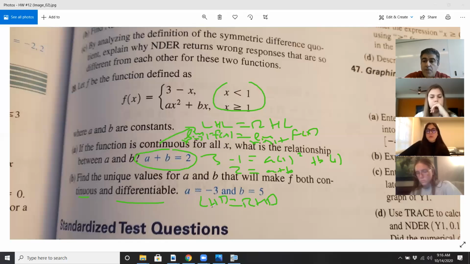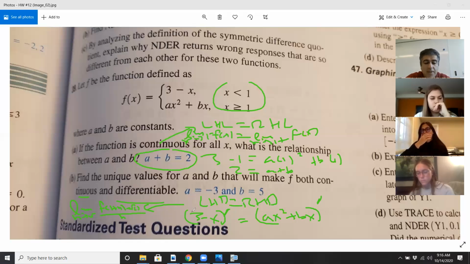Left-hand derivative equals right-hand derivative for differentiability. So you could write it like this. I like to use this little accent mark to show I'm taking the derivative. This is the left-hand derivative, meaning the limit as h approaches 0 from the left of f of 1 plus h minus f of 1 over h, because I'm evaluating this at x equals 1 eventually.